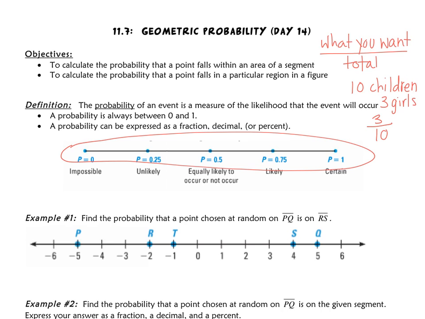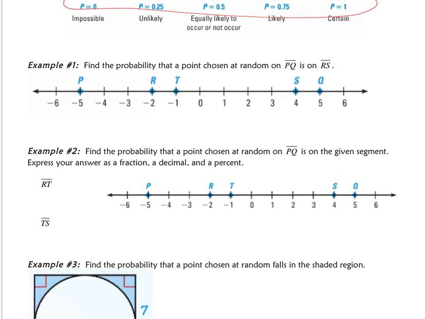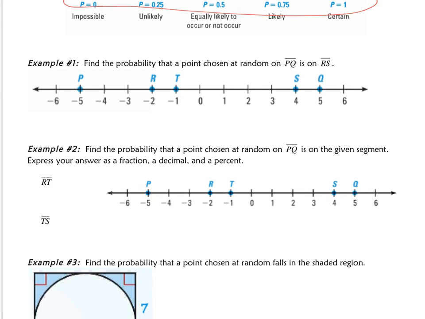Okay, so let's look at example 1, which is our first objective. It's the likelihood of picking a point from a segment. Find the probability that a point chosen at random on segment PQ is on segment RS. If I want to choose a point on RS, I'm going to count how long segment RS is.